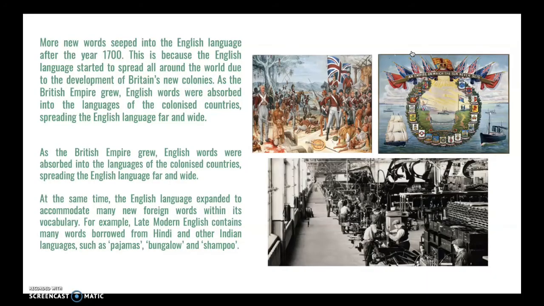Now, as the English Empire spread around the world and had new colonies, English words were absorbed into the language of the colonized countries, spreading the English language far and wide.